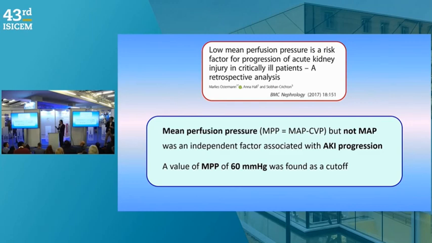So if I take the example of MAP of 70, which apparently is good, but if CVP is 15, the difference is not enough.